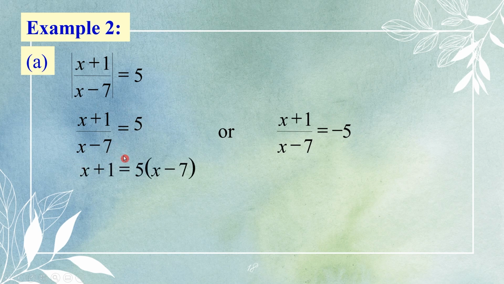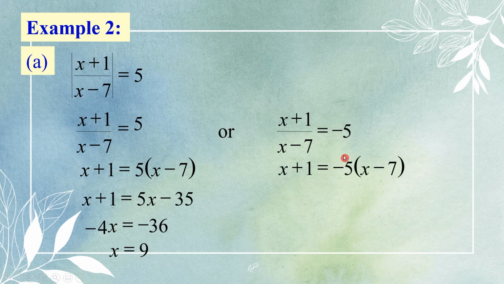We solve the left part. x - 7 we bring to the right, so we expand, becoming 5x - 35. And then 5 we bring to the left, so it becomes x - 5x gives us -4x. And 1 to the right, -35 - 1 gives us -36. And 36 over 4 equals 9.